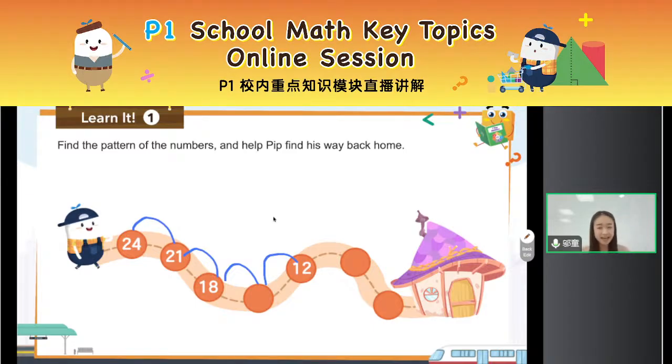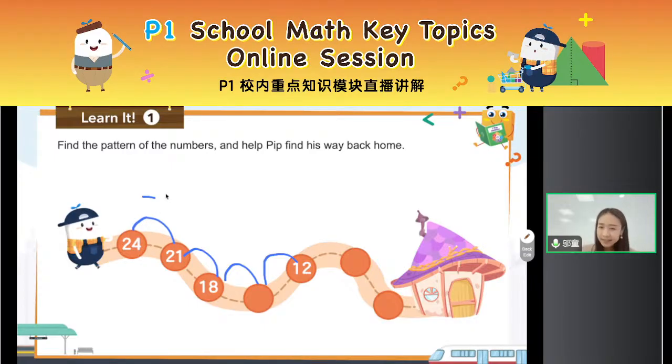Let's see together. When I draw the bridge out, I suddenly realize that for this number pattern, we let it go down each time. Yes, going down, right? The numbers here are becoming smaller. The number is getting smaller, so we minus to make the next step. How can 24 arrive at 21?